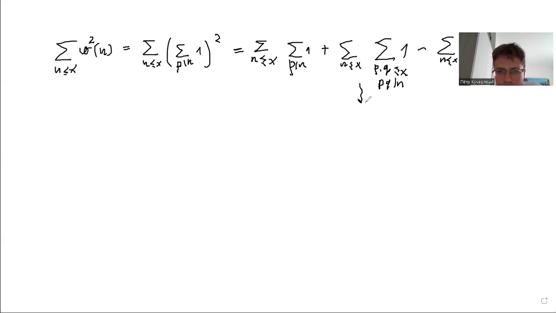The very first term of this sum we just computed. It's a sum over pq less or equal than x. Let me write it in such a way: p multiplied by q is less or equal than x, x over pq.